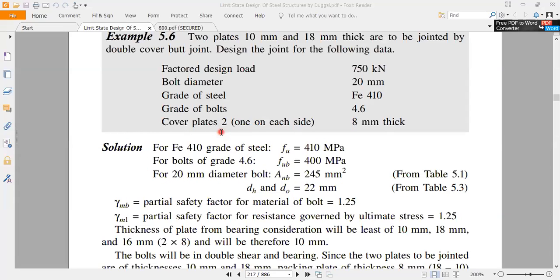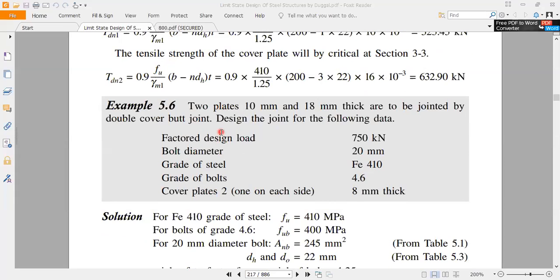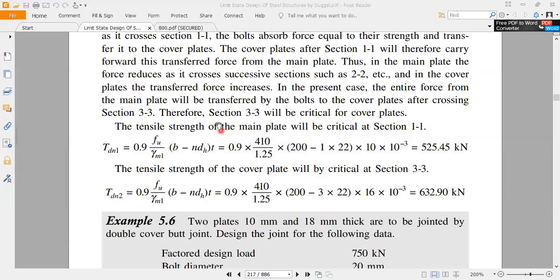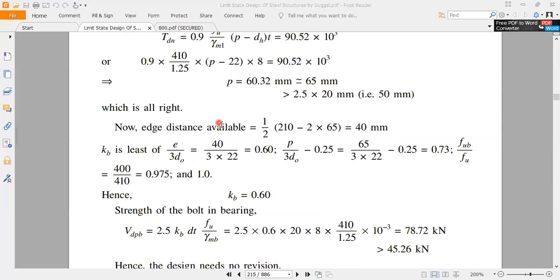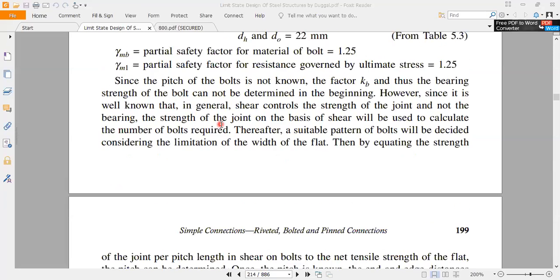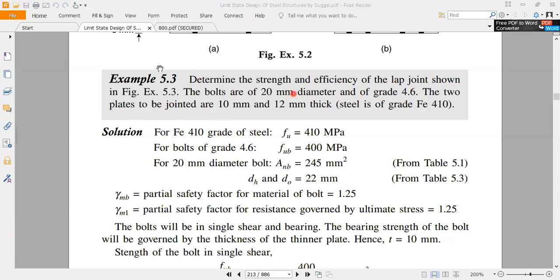Just let me choose one good numerical. So let us try this one, 5.3, which is very simple. So then we will start the second one.